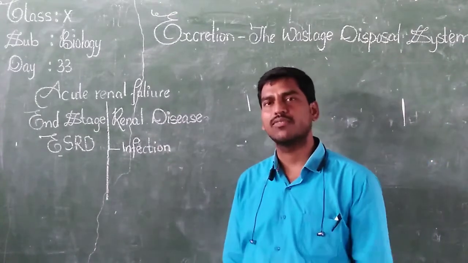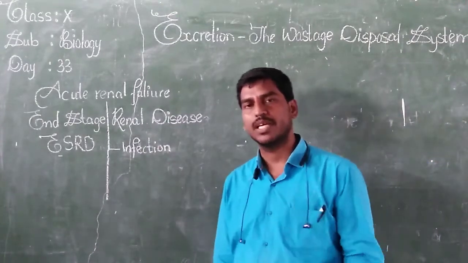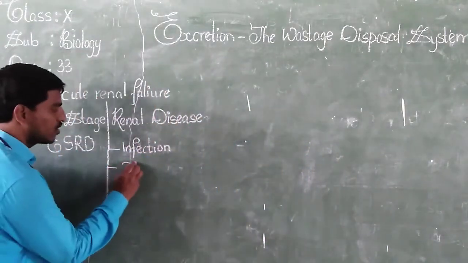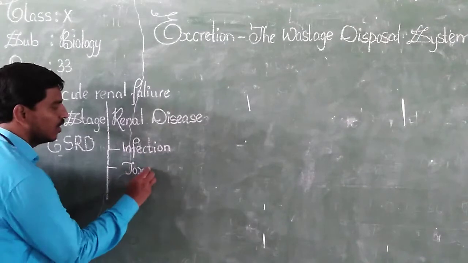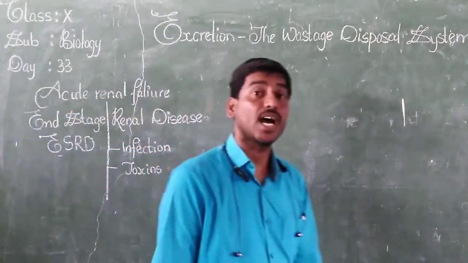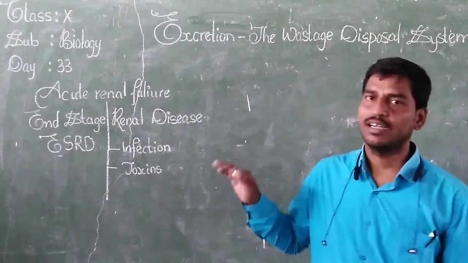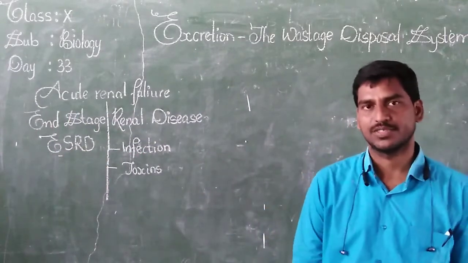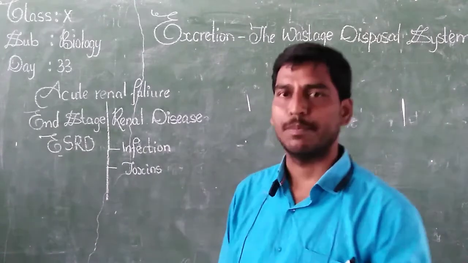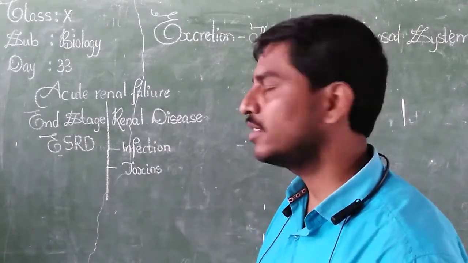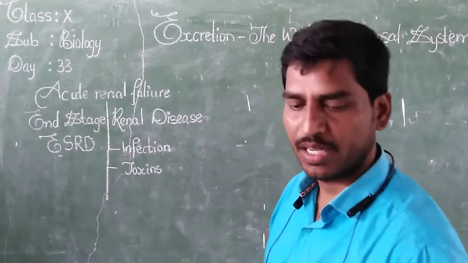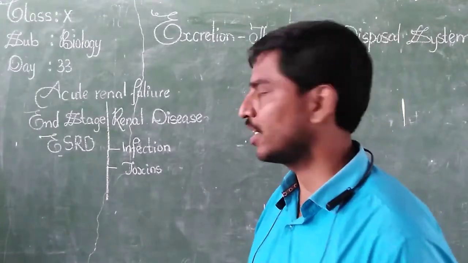Because of any of the infections, the kidney may fail. Or, due to toxins, any poisonous toxins produced by disease-causing organisms, or even certain drugs that we take as our medicines.